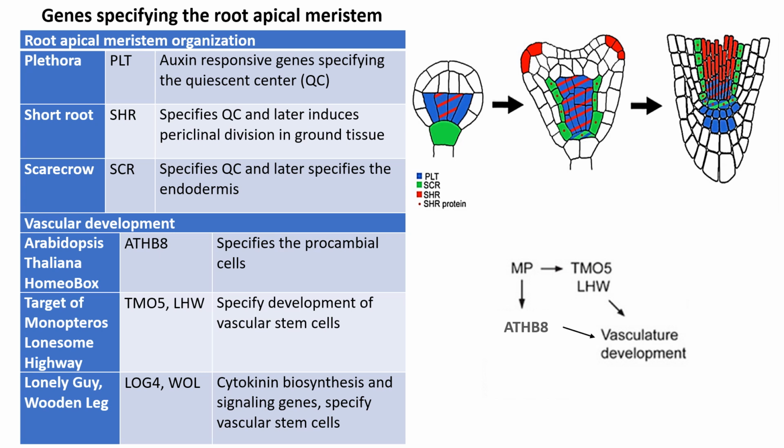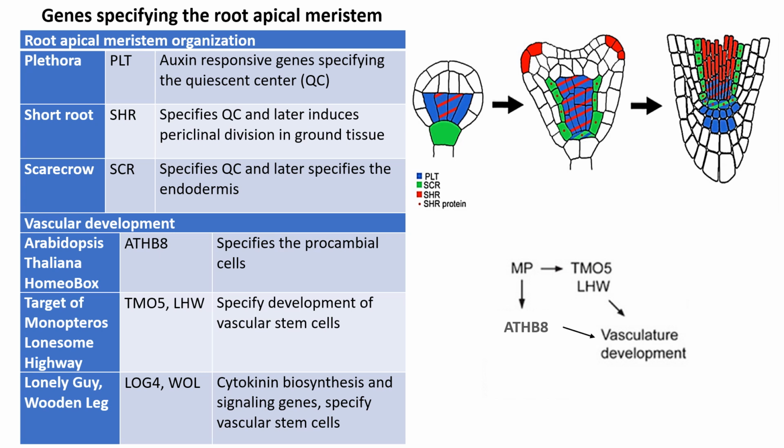In addition, there are some cytokinin biosynthesis and signaling genes which are also involved in specifying the vascular stem identity. So you have the lonely guy gene or the LOG4 gene which specifies the formation of the vascular elements, and you have the wooden leg gene which is involved in cytokinin signaling.